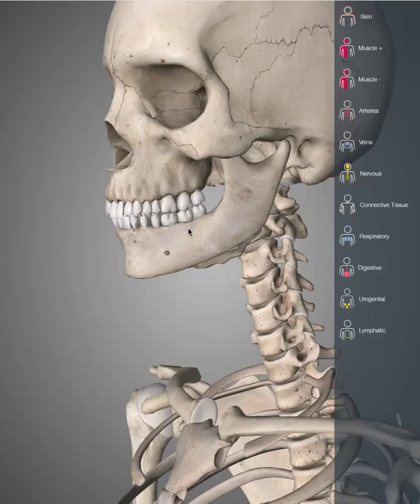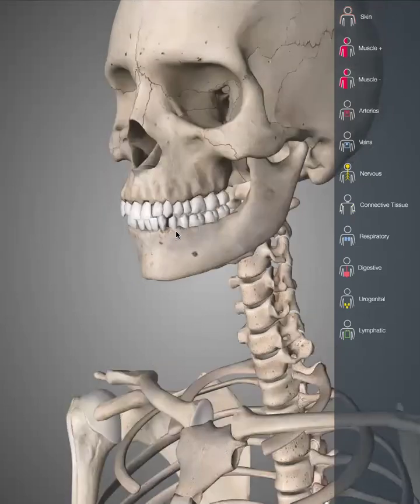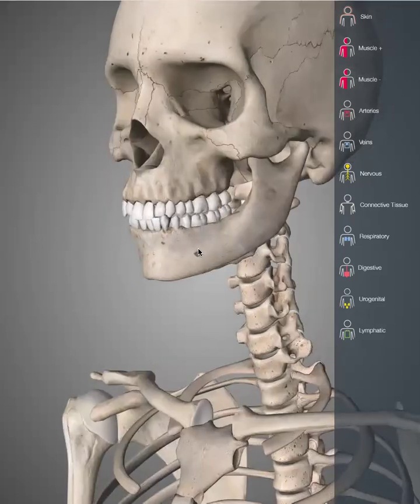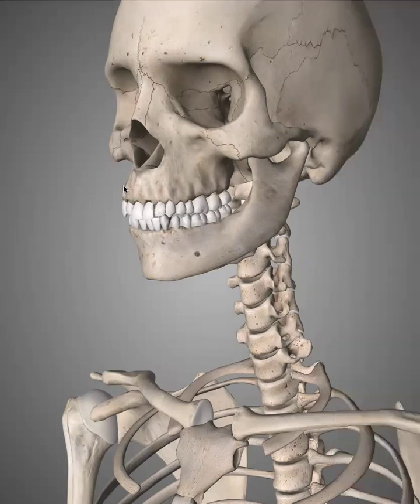They are organized into two opposing arches: the maxillary arch, which is found in the maxillary bone, and the mandibular arch, which is found in the mandible.